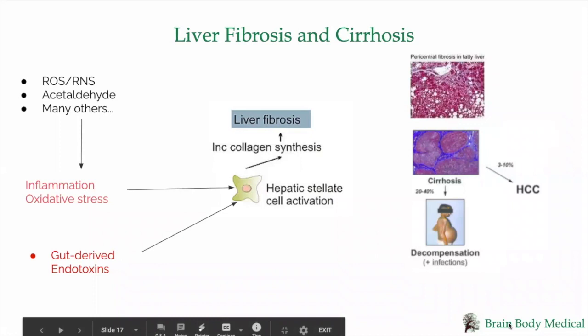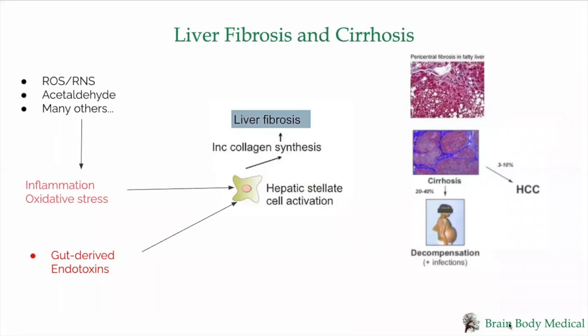The liver fibrosis and cirrhosis starts as a mechanism to repair injury. The injury caused by inflammation or oxidative stress, the gut-derived endotoxins, can injure the Kupffer cells or the hepatocytes. So once the hepatic stellate cell is activated, it increases collagen synthesis.